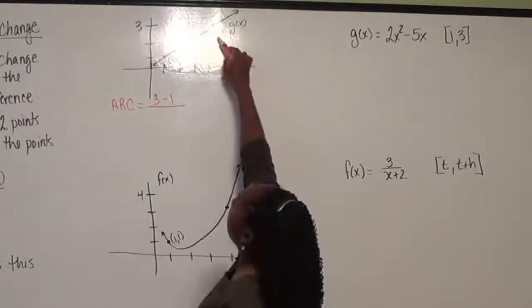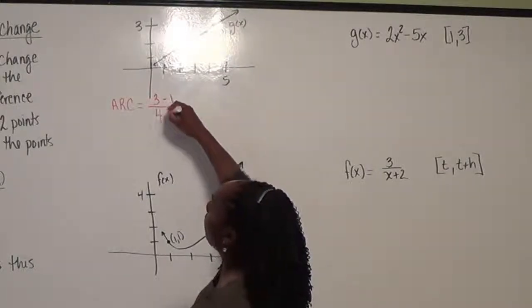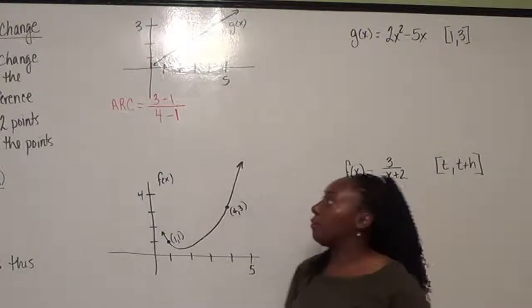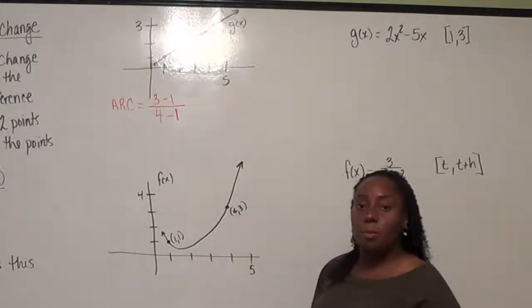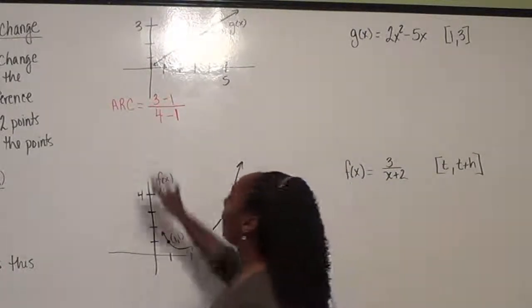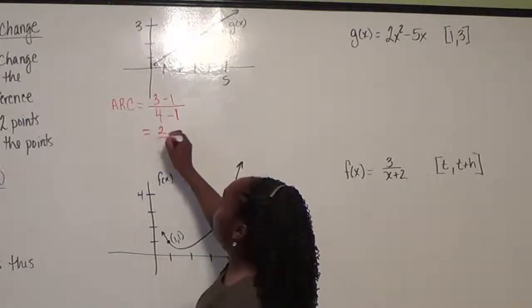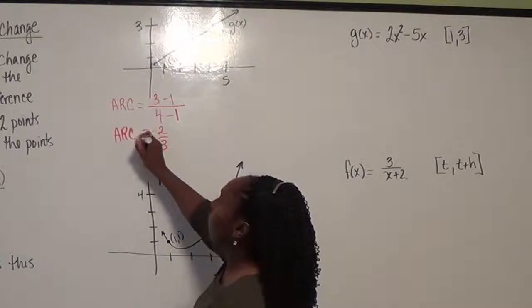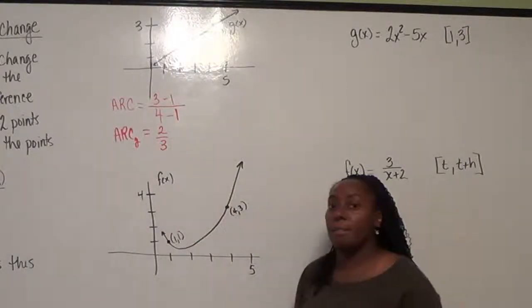So the y value of 3 goes with the x value of 4, and the y value of 1 goes with the x value of 1. From there, we can calculate the average rate. This looks like 2 over 3. There's our average rate of change for the function g.